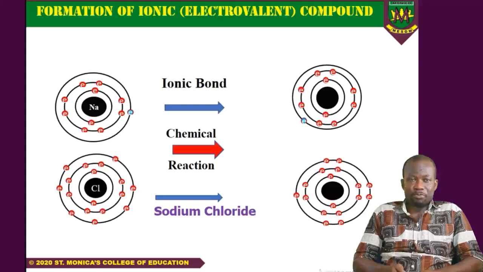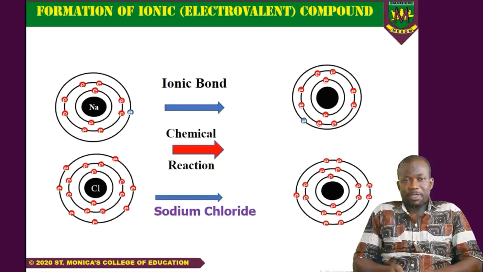That is sodium. Then when you come down, you see chlorine. Chlorine has atomic number 17. So you realize that after the nucleus, the first shell takes 2, the next one 8, and the last one has 1, 2, 3, 4, 5, 6, 7 electrons.